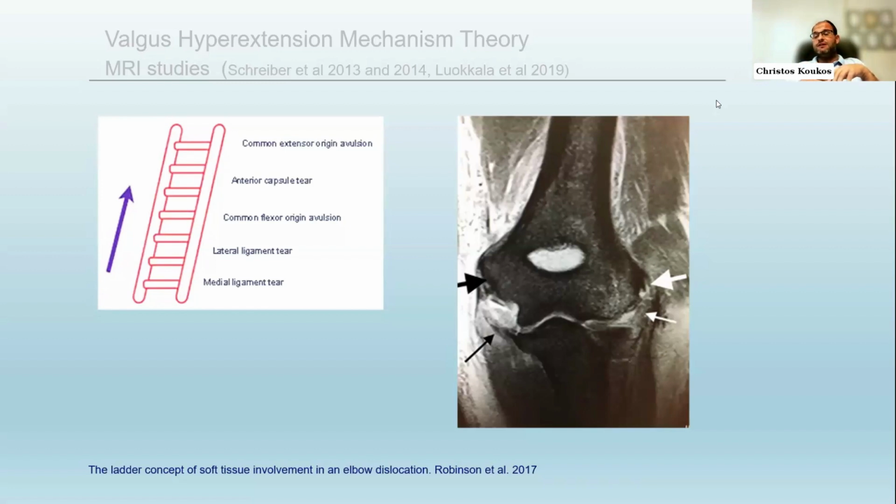There is even a video analysis by Schreiber in 2014 showing that the injury sequence goes the other way around. The medial ligament is torn first, followed by the lateral ligament, the common flexor origin, then the anterior capsule, then the common extensor origin. This gives us the later concept of soft tissue involvement described by Robinson et al., Adams' group, 2017.